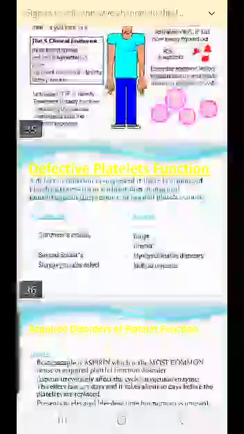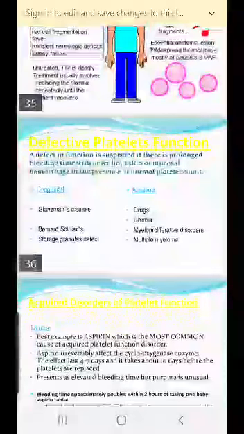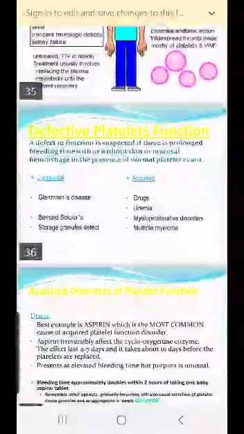If it does not release, what will happen? The platelet function will not be happening normally. Or if the receptors on the platelet membrane, glycoprotein 1b, which I've showed you, 2b, 3a, are absent, obviously they won't be able to bind to the von Willebrand factor and they won't be able to form the platelet plug.